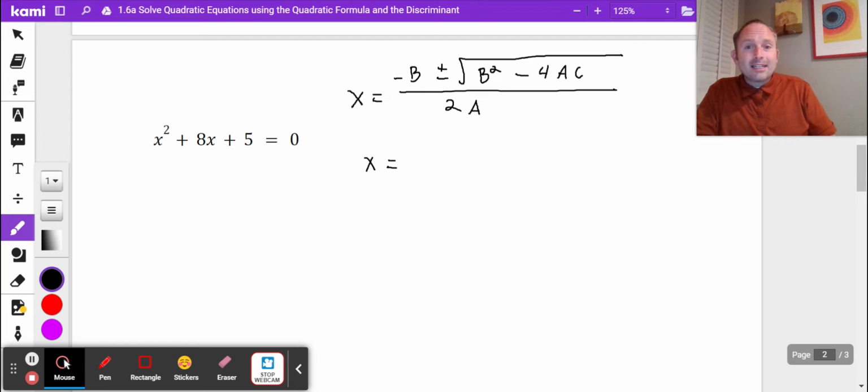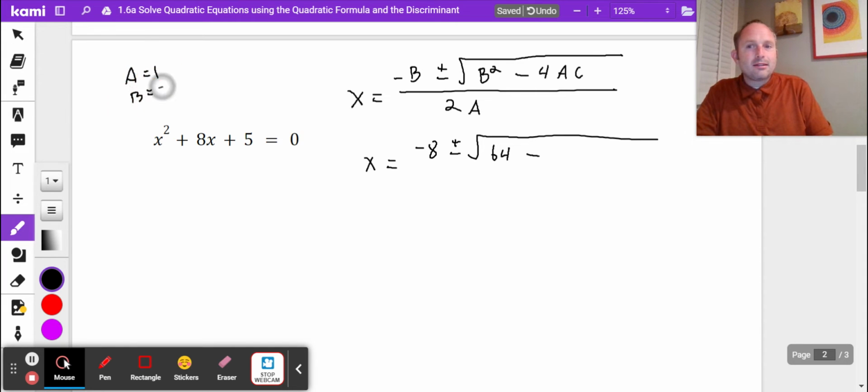So I'm going to get negative 8 plus or minus the square root of 8 times 8 is 64 minus 4ac. A is 1, B is 8, and C is 5. Something that might be helpful is if you write this out so you don't get them mixed up. So 4 times 1 times 5 is 20.